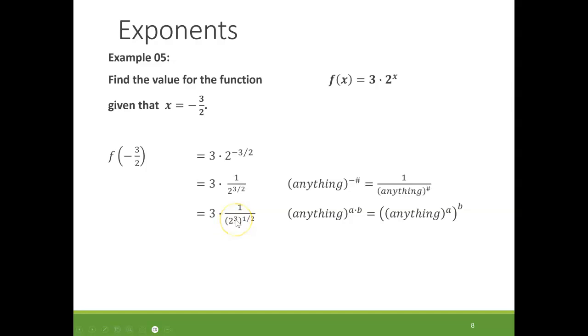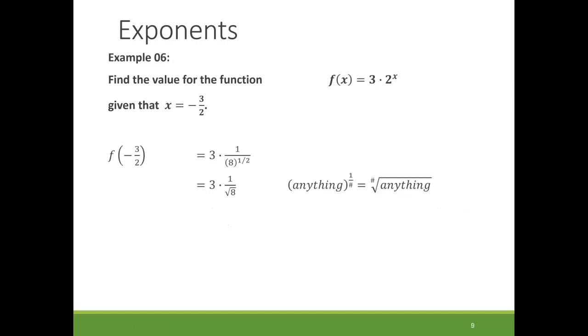So 2 to the third is 8, and the 1/2 is a square root. And then the square root of 8, if I simplify that, is 2 root 2, right? Because I can think about 8 as 2 times 4, and the square root of 4 is just 2.